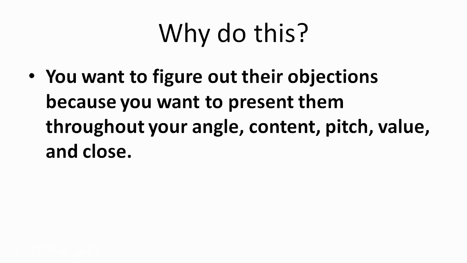So why do this? Well, you want to figure out their objections because you want to address them throughout your angle, your content, your pitch, your value, and your close. Think about it. If you know their objection is, for example, they don't have enough money, then your angle could be, this is not necessarily for everybody, but you can afford it.